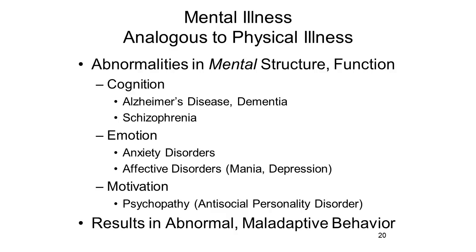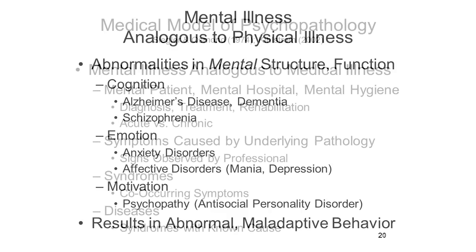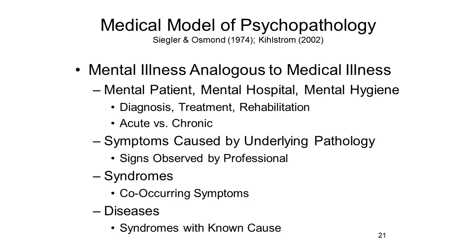In any case, these abnormalities in cognition, emotion, and motivation result in abnormalities in behavior, the kind of maladaptive behavior that brings people to the attention of mental health professionals to begin with. Pursuing the analogy further, you'll notice that the language of medicine pervades our discussion of psychopathology, of mental illness.